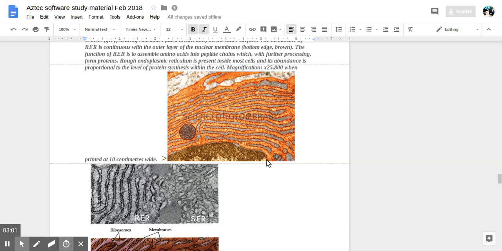This is the nuclear membrane in the brown, and the ER.